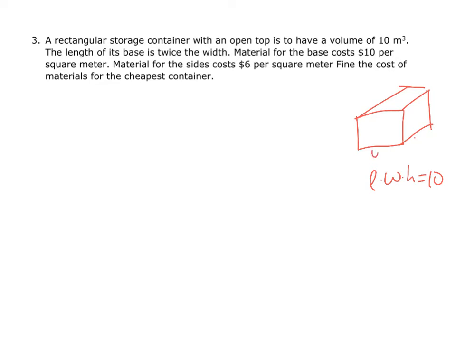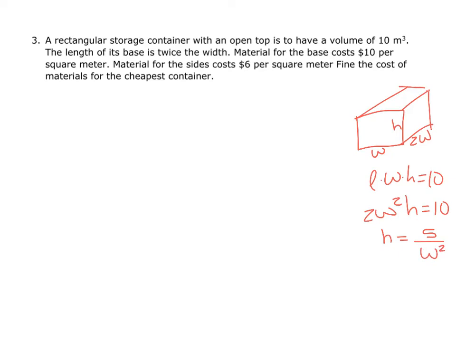So this would be W, this is 2W, and then we have H. So the volume, which is going to be 2W squared H equals 10. So my guess is I'm going to get rid of H and make that 5 over W squared.